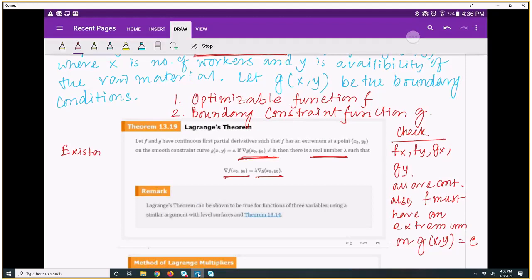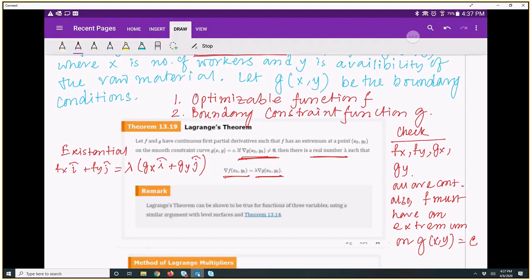It doesn't talk about the exact value of lambda, it just says there is a lambda such that the gradient of f, which is fx i cap plus fy j cap, is equal to this constant lambda times the gradient of g, which is gx i cap plus gy j cap.